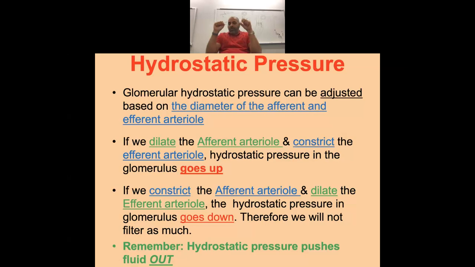If I constrict afferent, GFR goes down. If I dilate efferent, GFR goes down. Dilate afferent, GFR up, more in. Constrict efferent, in this situation, GFR is up. Reverse, GFR decreases.